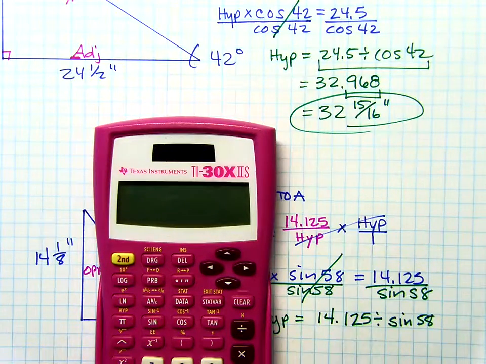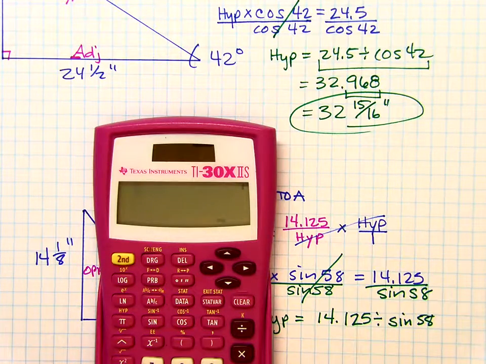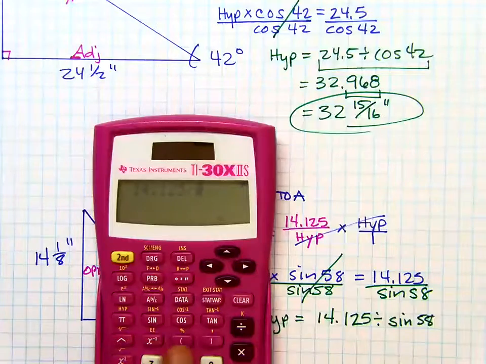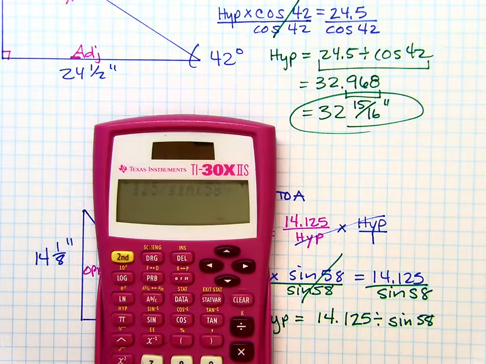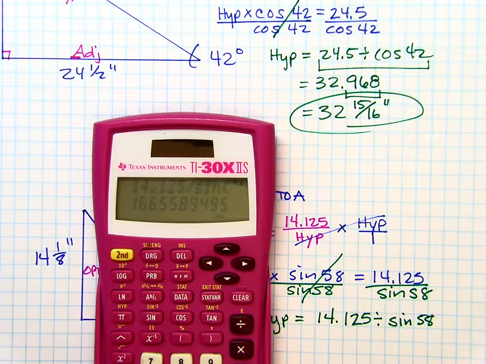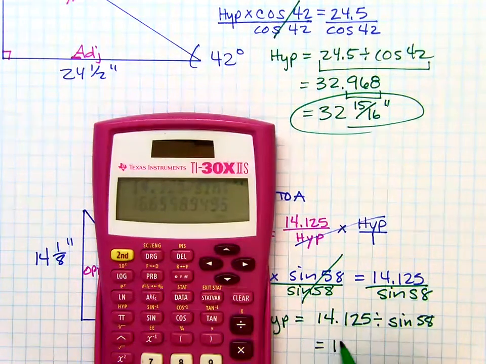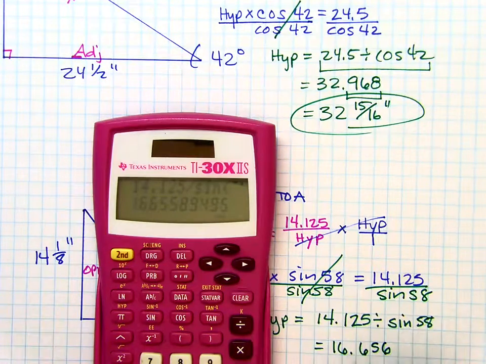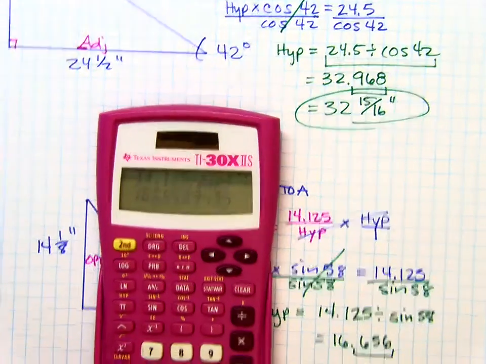Let me see if I can get the light going on here. Okay, now we can see 14.125 divided by sine 58, and we get 16.656, and I'm going to convert this to the nearest 16th.